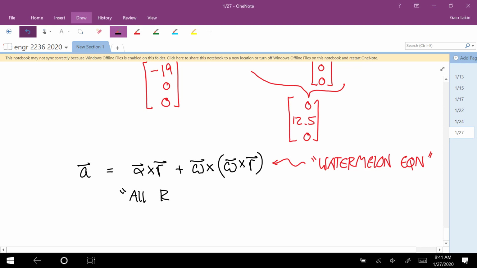So if you think of alpha as A and omega as W, I always think of this as all ripe watermelons will rot.